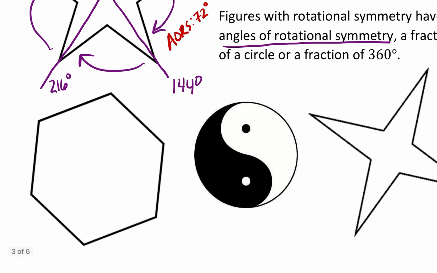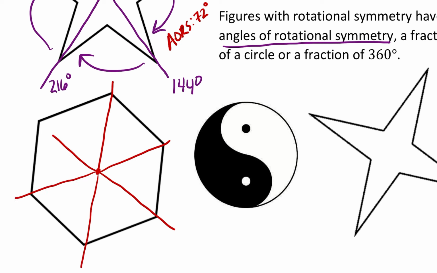If I come down here and do the same thing, I'm going to put a point in the center and then basically put lines out from the center through each one of the angles. So we have 1, 2, 3, 4, 5, 6. So that would be 360 divided by 6 gives me 60 degrees.